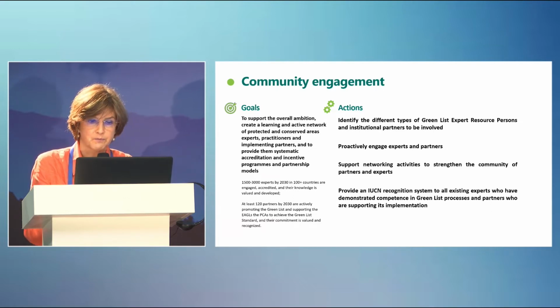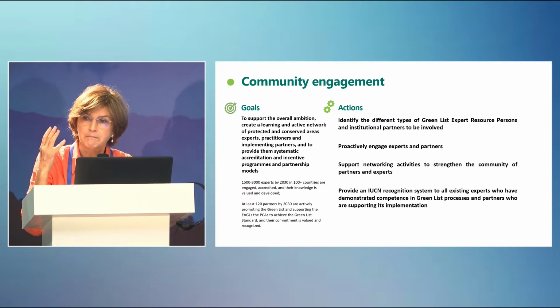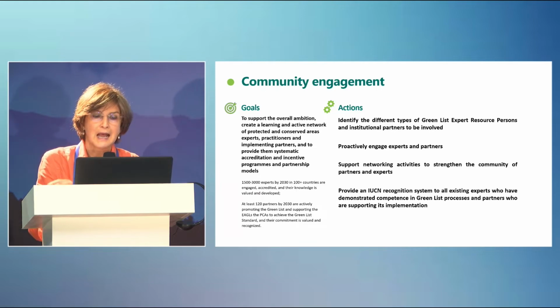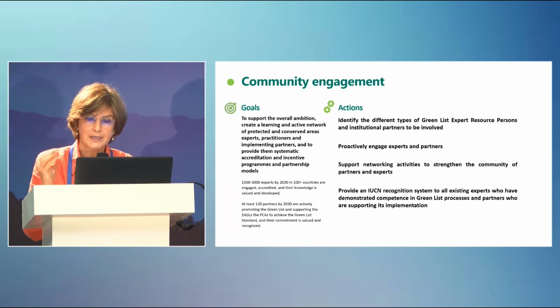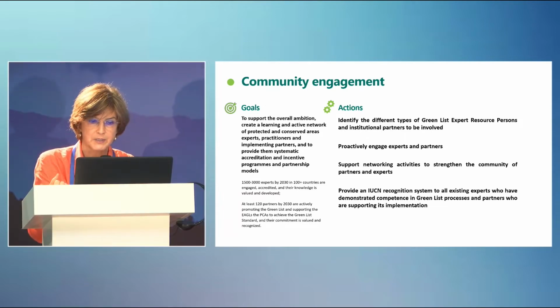The actions. We need to identify different types of experts, not only in biodiversity, different types of experts that are going to be crucial as EAGLE partners, as EAGLE groups, and people that also implement the Green List in the countries. We need to go for them, to actively and proactively engage those experts.